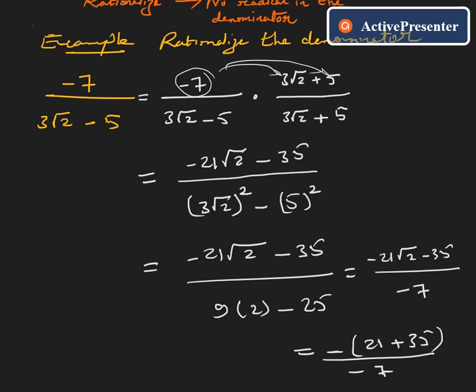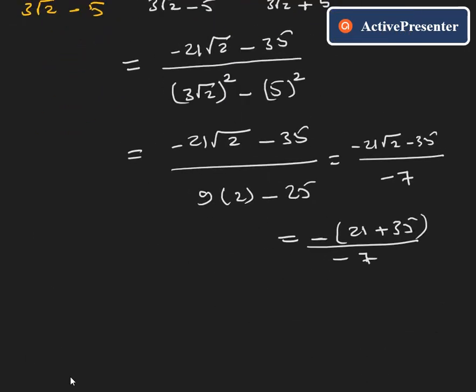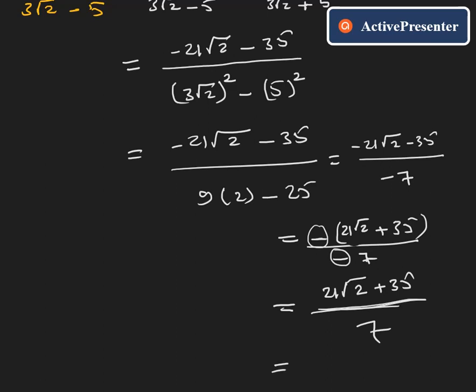Negative divided by negative is positive, so the final answer is 21 square root of 2 plus 35 over 7. And if you simplify more, 21 over 7 is 3 square root of 2, and 35 over 7 is 5. And you are done.